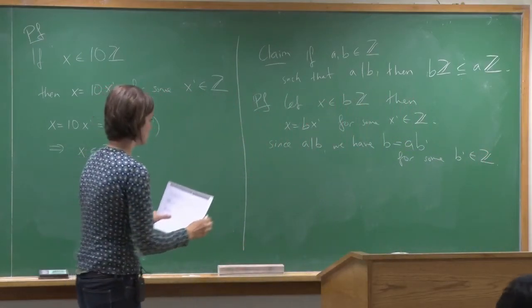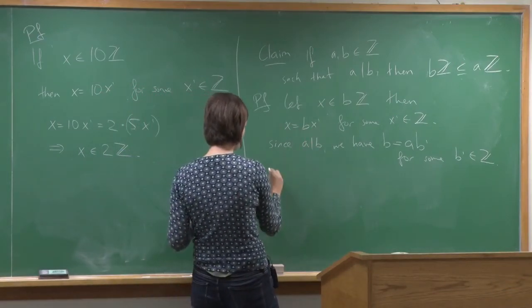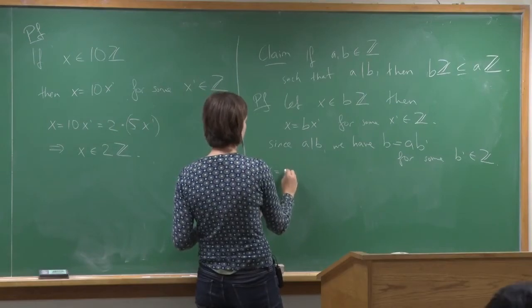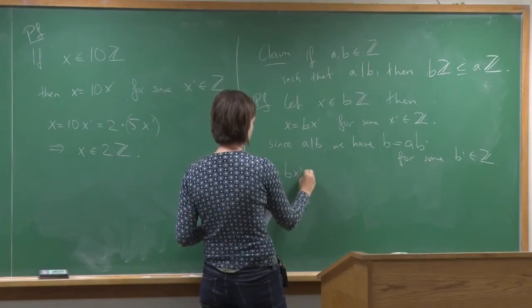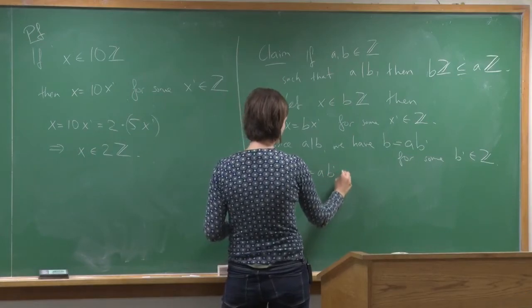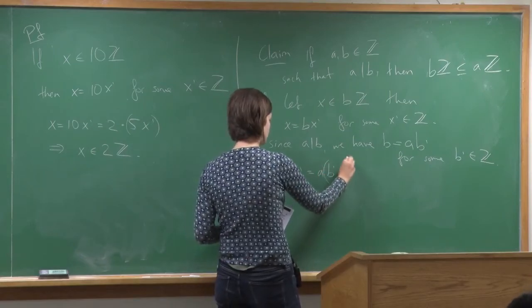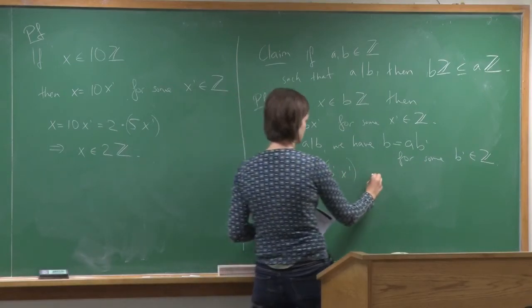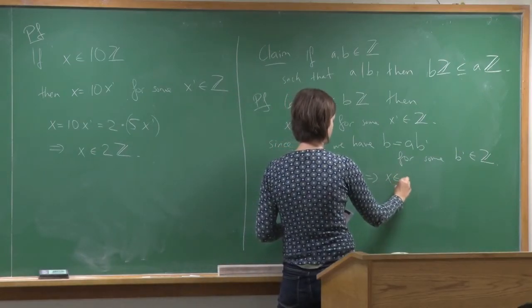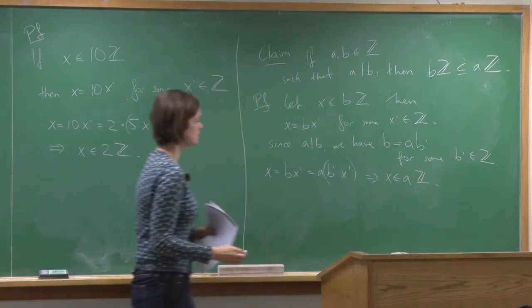So putting that together, we have that x is b times x prime equals a b prime x prime, but b prime and x prime were both integers, so then x is in the multiples of a, and then we're done.